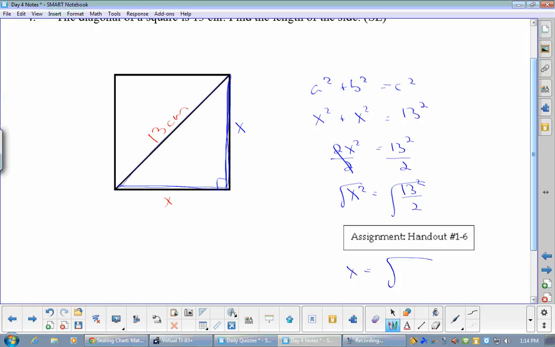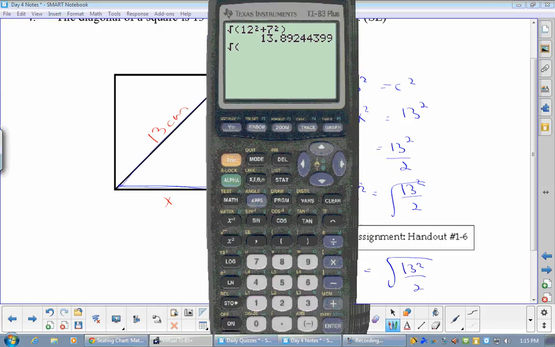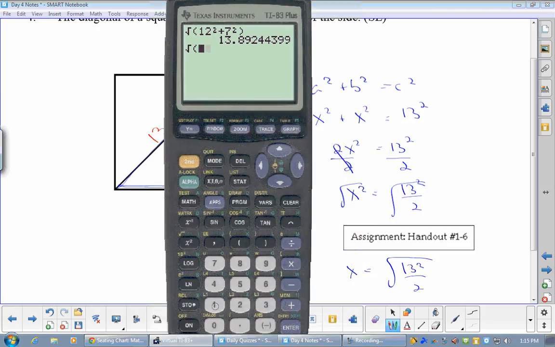X is the same thing as the square root of 13 squared over 2. Okay, so if you get your calculator out, you're just going to go the square root of 13 squared divided by 2. And you get 9.19 or 9.2 centimeters.